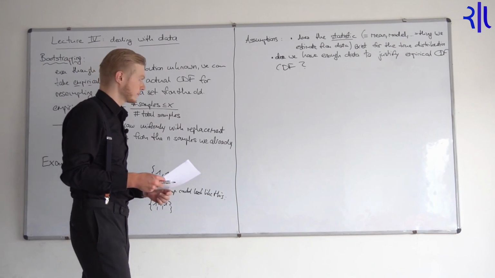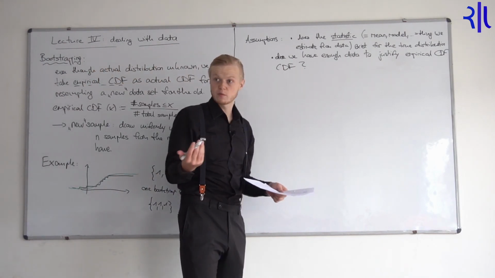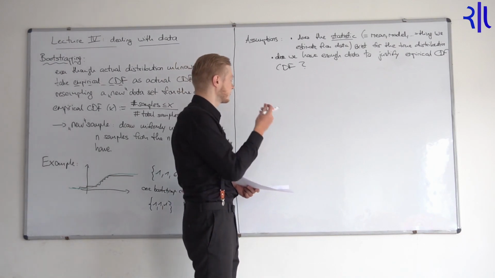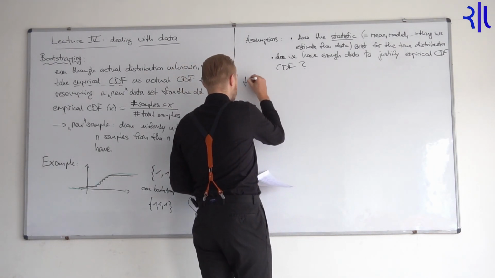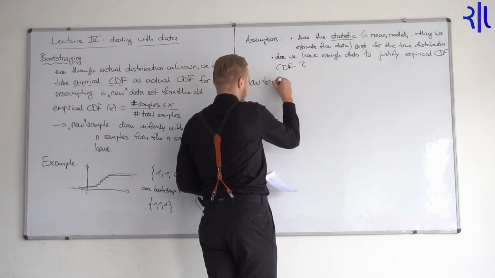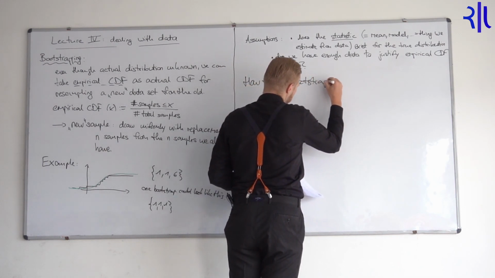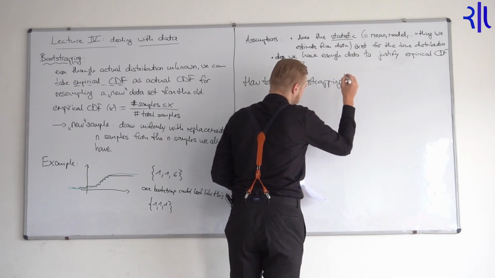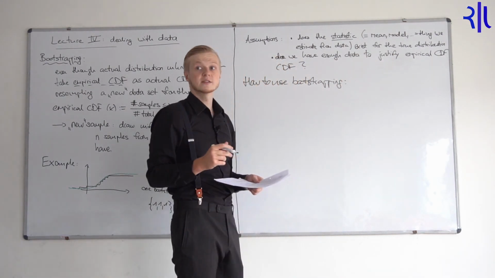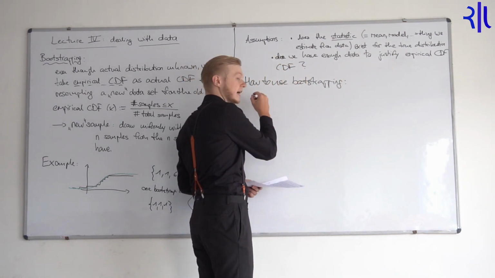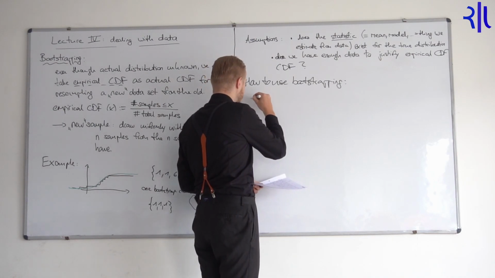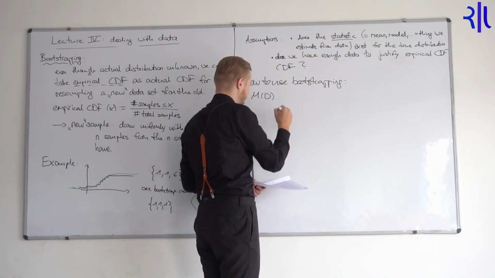The last time when we looked at the bias variance trade-off, we saw how to use the bootstrapping. Last time we said the model and the prediction is actually a function of the data.